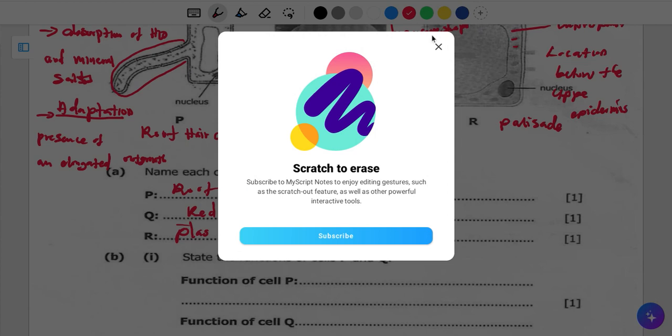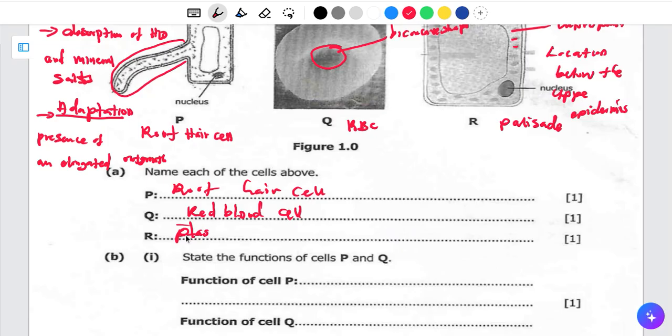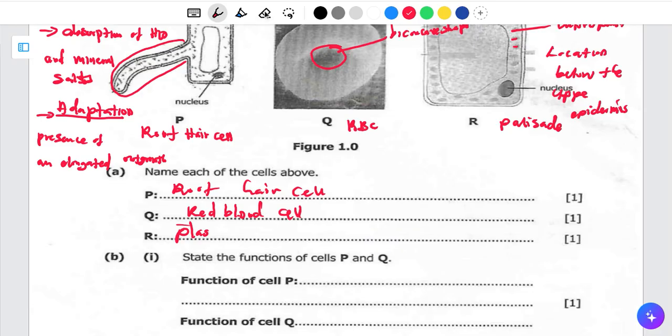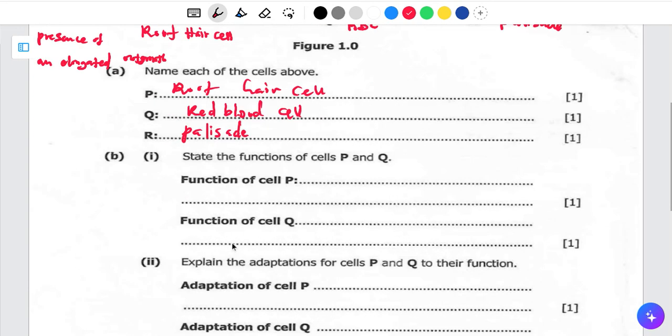Don't say just a plant cell. Since we are talking about specialized cells, you need to specify that this is a palisade cell.